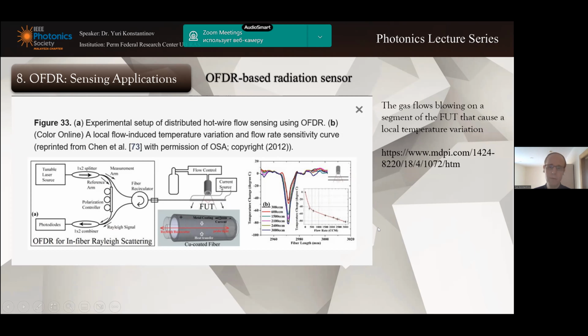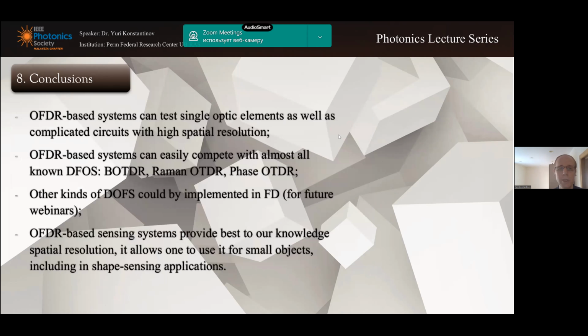So let me say a couple of words as conclusions for the main part of my presentation. We found out that OFDR-based systems can test single optical elements as well as complicated circuits with high spatial resolution. Yes, we saw this. We saw that the resolution could be about tens of microns.